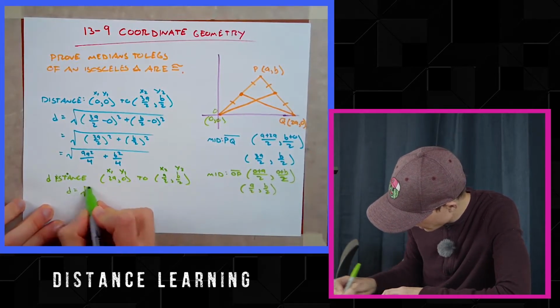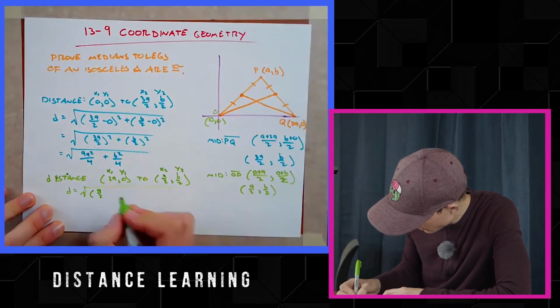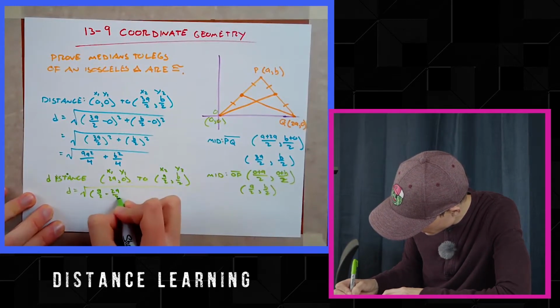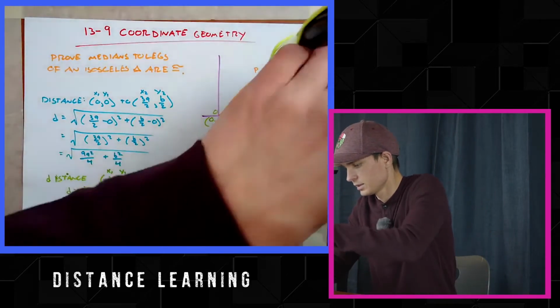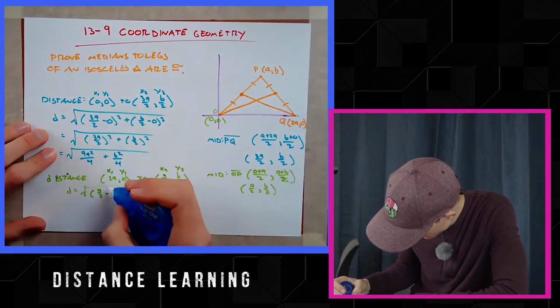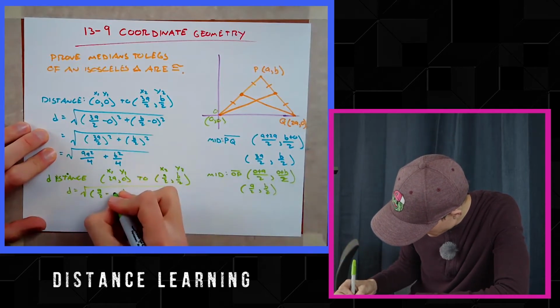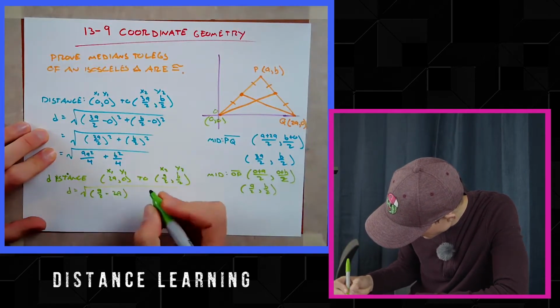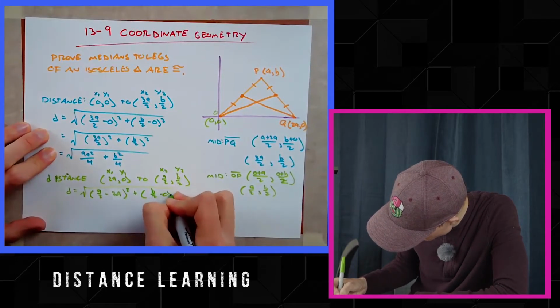Use the distance formula. So a over 2, minus 2a over 2, 2a over 2. That's not what that says. Getting ahead of myself. I'm trying to make common denominators. Minus 2a squared plus y2, b over 2 minus 0 squared.